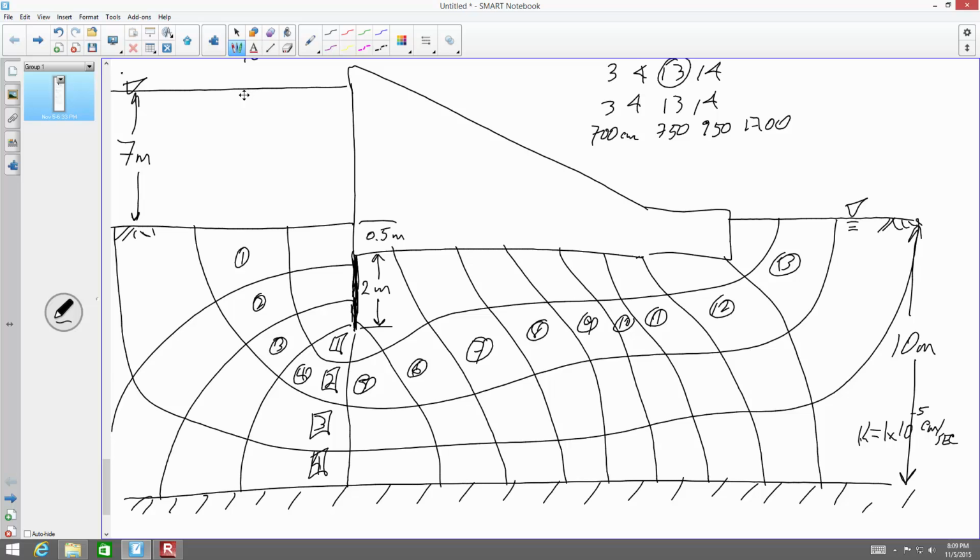What's the total head loss? 700. It's delta H, right? And that's actually the 700 centimeters, 7 meters. Head loss per head drop.